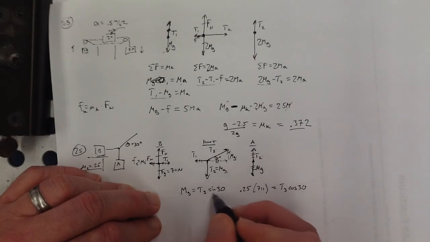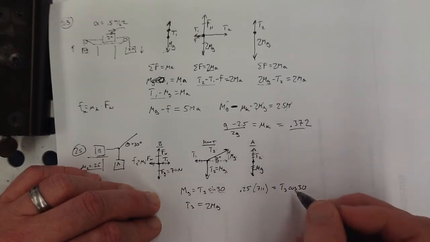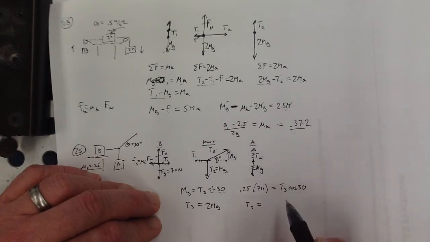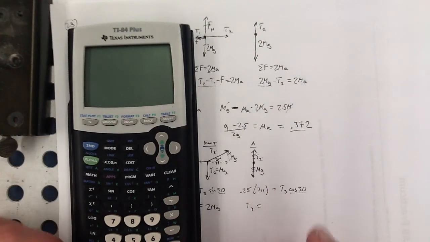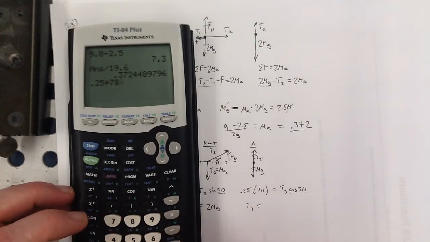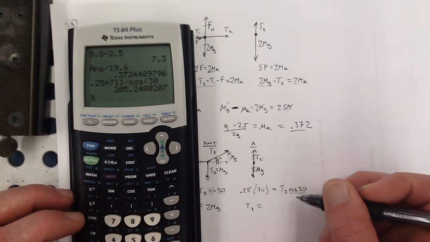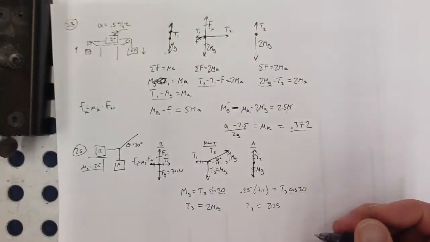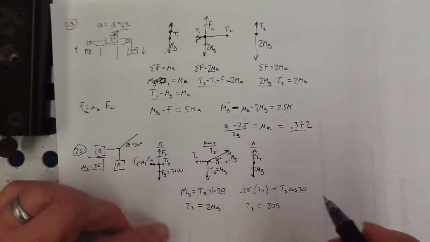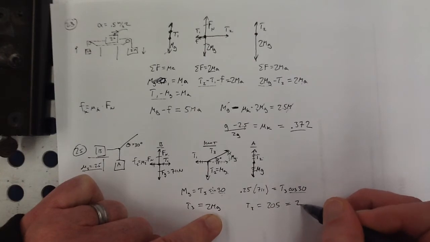If I do, let's see, so that's 1/2, so T3 is equal to 2 mg, and then T3 here is also equal to, if I divide both sides by cosine 30, that is 205 newtons. So there you go. So 205, that's T3, so that must also be equal to 2 mg.